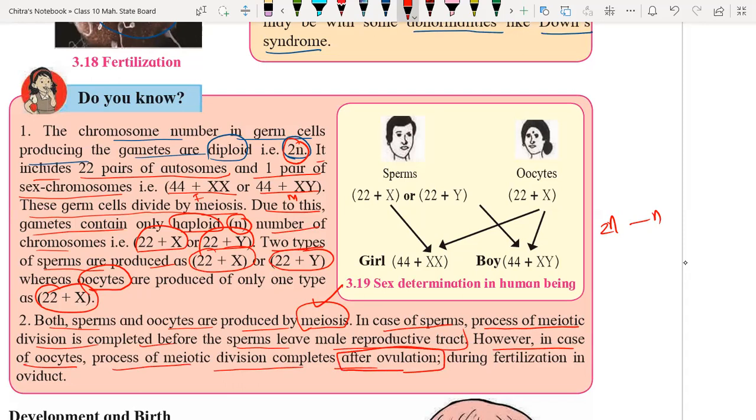After ovulation, that egg cell divides to form a haploid egg cell. During fertilization in the oviduct, when they get fertilized, they form a diploid cell. So this is the way cell division takes place.